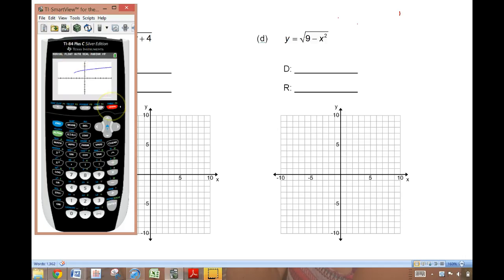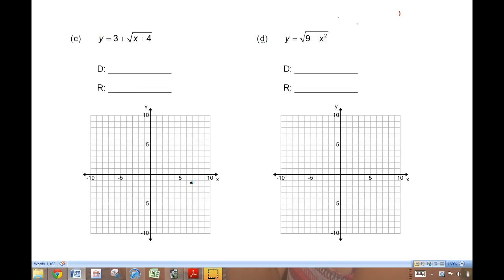If you remember the transformations, what's inside of the square root will be the horizontal shift. Since it's x plus 4, it moved to the left 4 units. And then the 3 plus on the outside moved it up 3 units. So it went left 4, up 3.